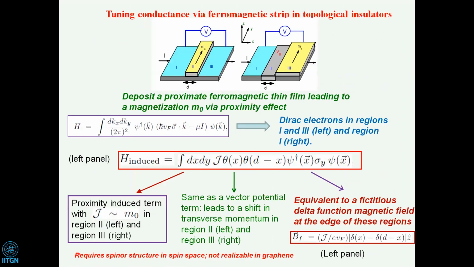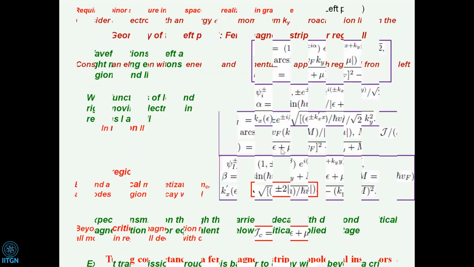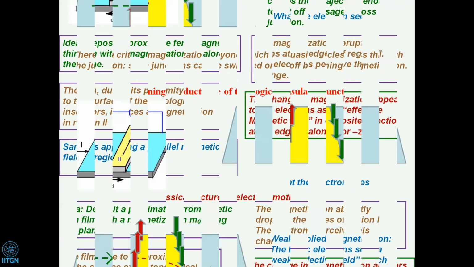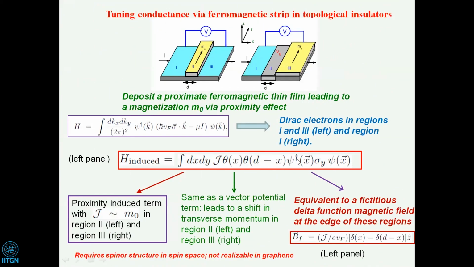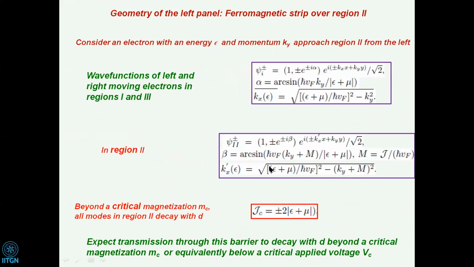And the quantum mechanics of this is very simple. In region 2, in the presence of this sigma y term, if you calculate the wave function of an electron with energy epsilon, you're going to find that the longitudinal momentum kx is given by the square of (epsilon plus mu, this is the energy, divided by h-bar vF), minus (ky plus m) squared.